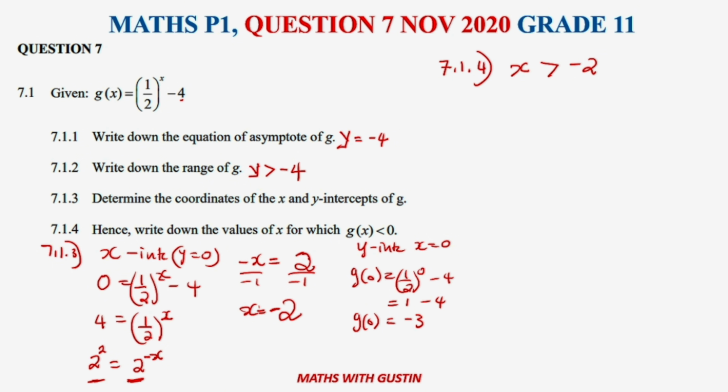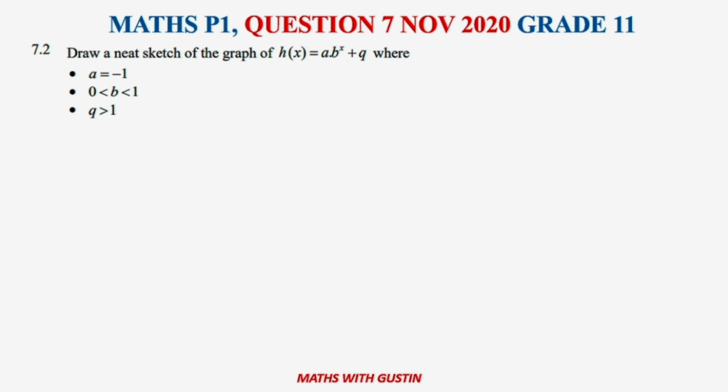Moving right along to 7.2. It says draw a neat sketch graph of h of x for which, okay, this is an exponent. We know that q is the line of asymptotes.